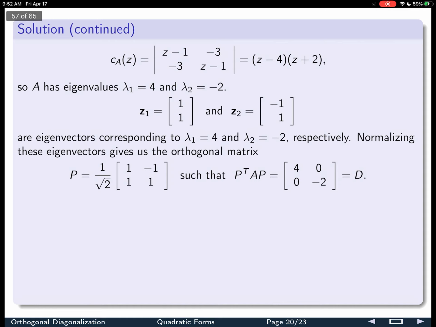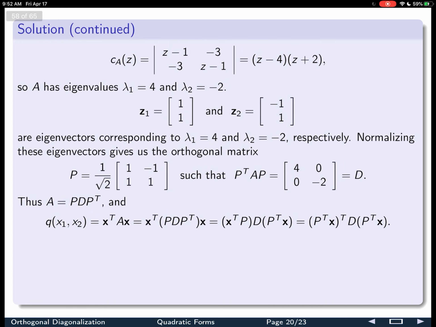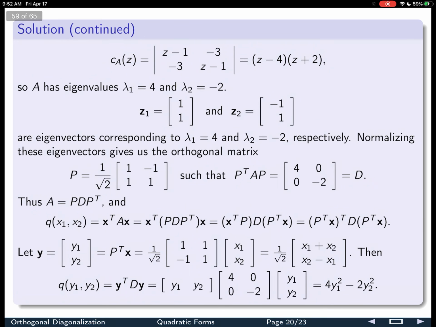So this is what that diagonalization looks like. And you can see here that the way that you find those principal axes is at the end here, you're looking at the vector P transpose x as your new y vector.